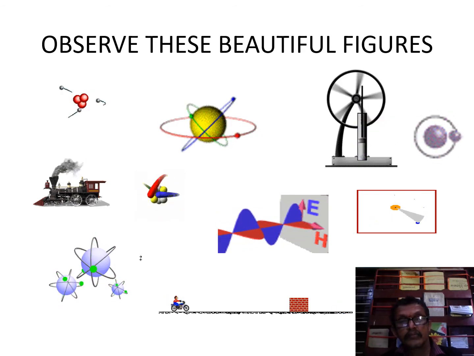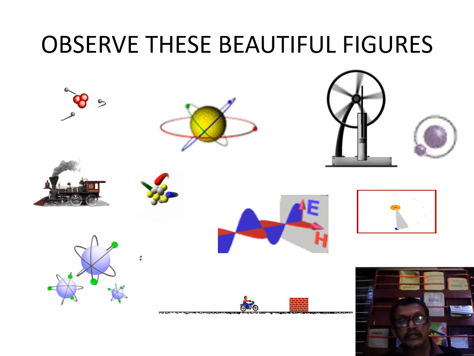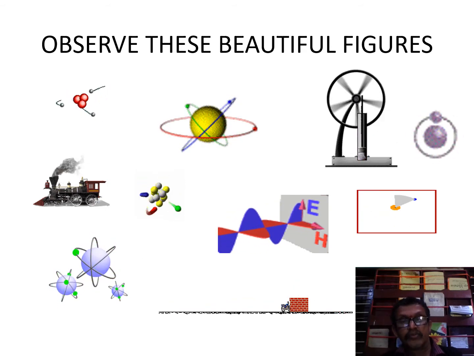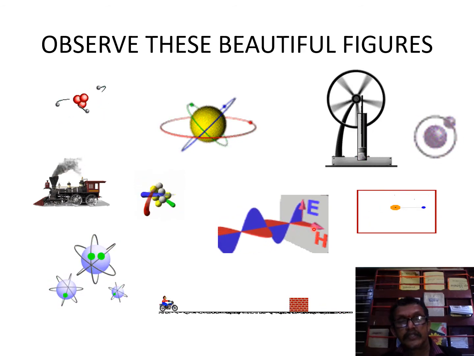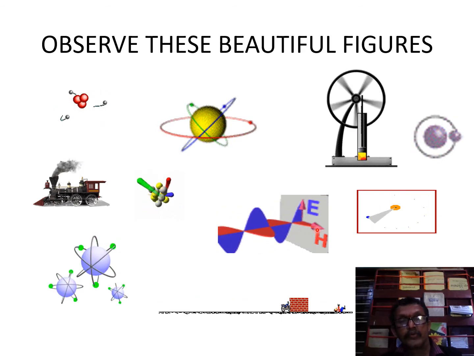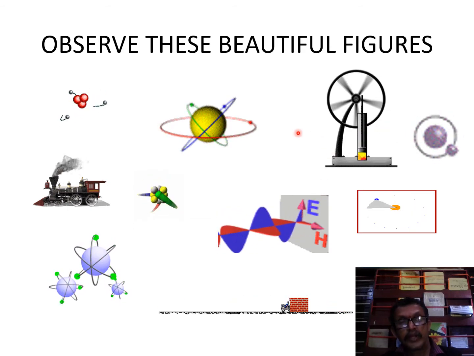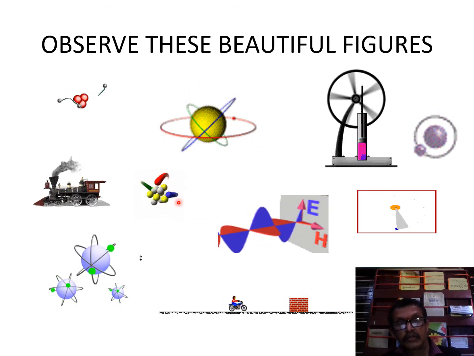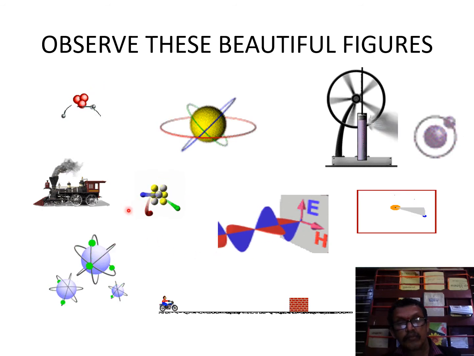Here you can observe electrons are moving, planets are moving. What is this? This is waves. Waves are also moving. In motion there are so many kinds, but don't bother about the kinds. Now we are talking only about motion.